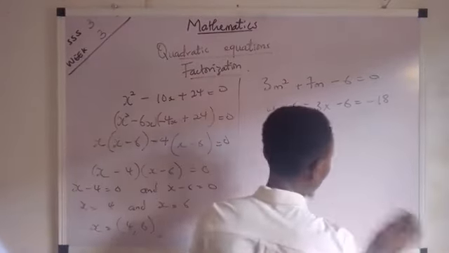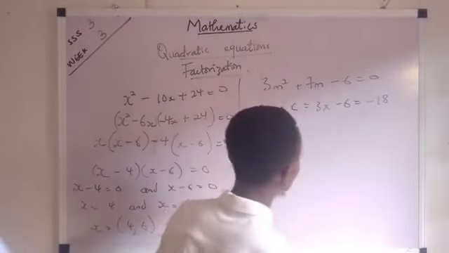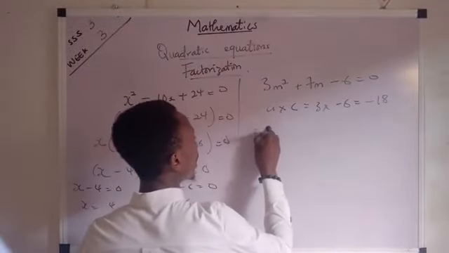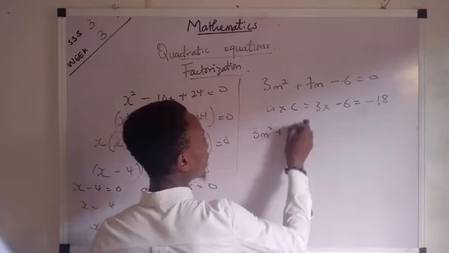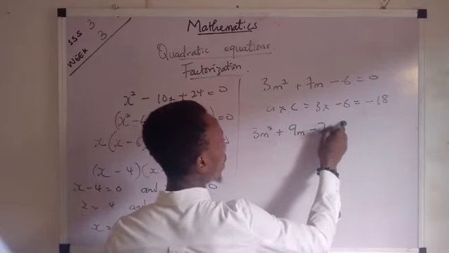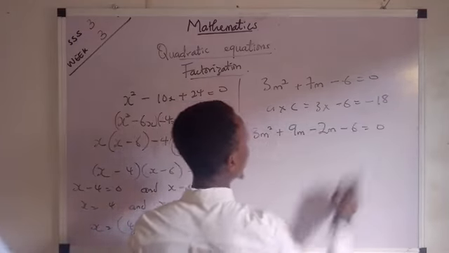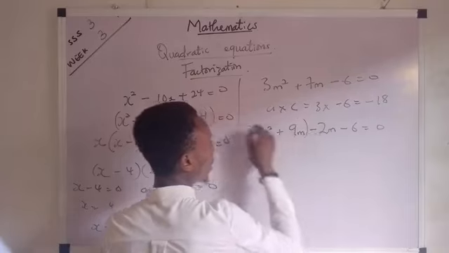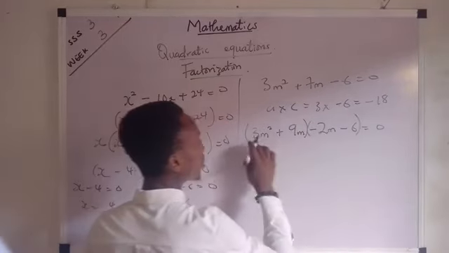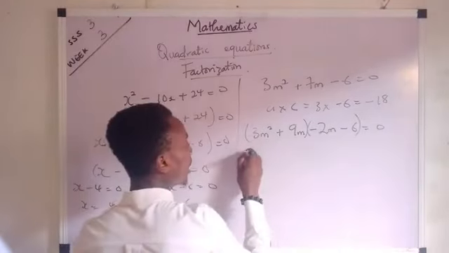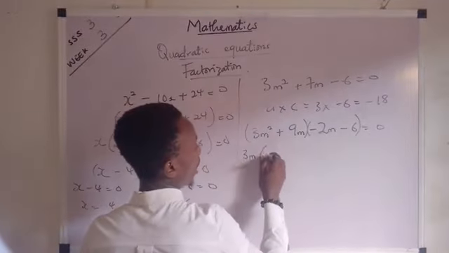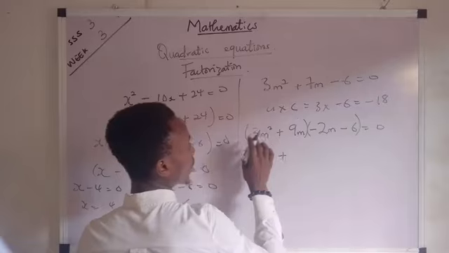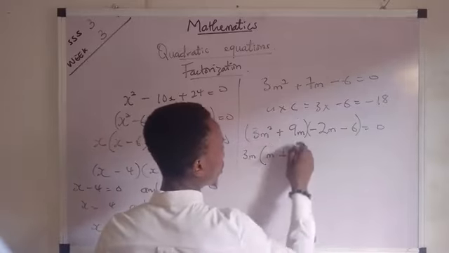So we replace 7 here with what? 3m squared plus 9m minus 2m minus 6 is equal to 0. Very quickly, we put a bracket to factorize now. What is common? You have 3m that is common between them. m plus 3m in 9m will give us 3.